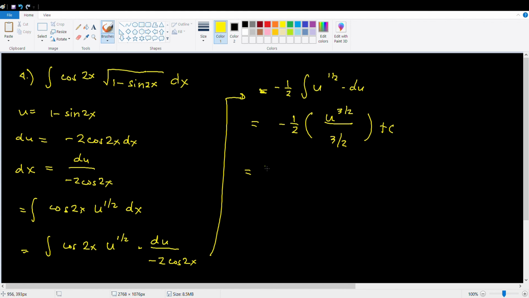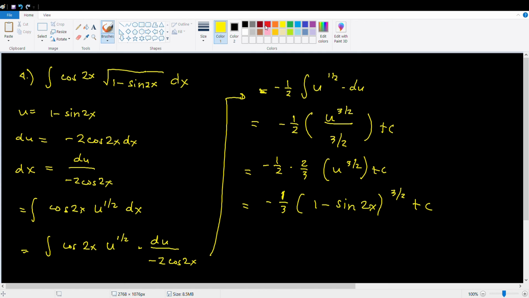This is equal to negative 1/2 times 2/3 times u raised to 3/2 plus c. So this is equal to negative 1/3 times 1 minus sine 2x raised to 3/2 plus c, and this is our final answer.